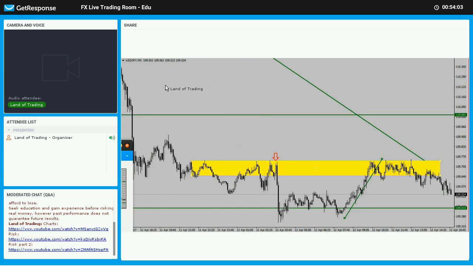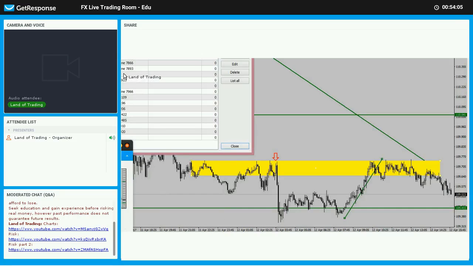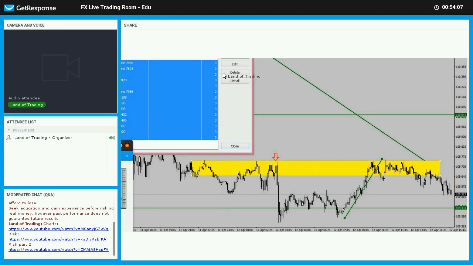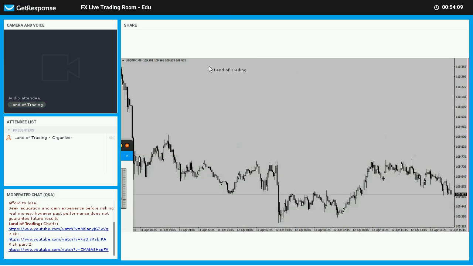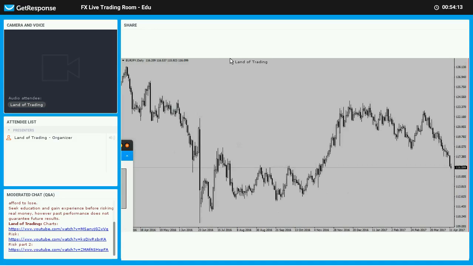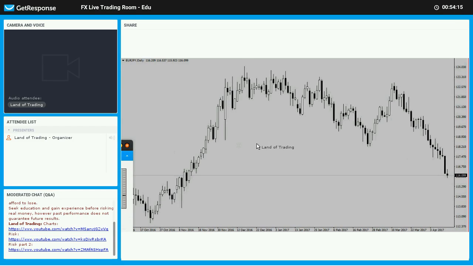A little bit different story is on euro JPY. A little bit different story is here on euro JPY.